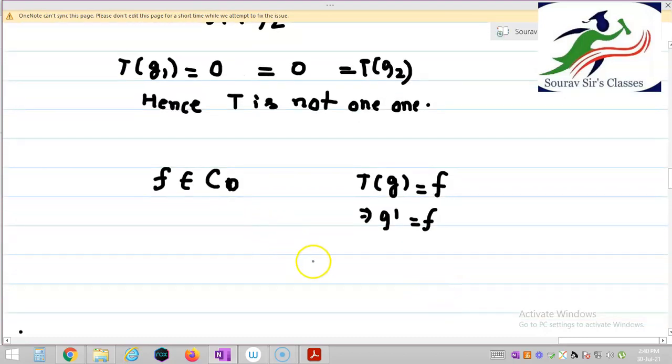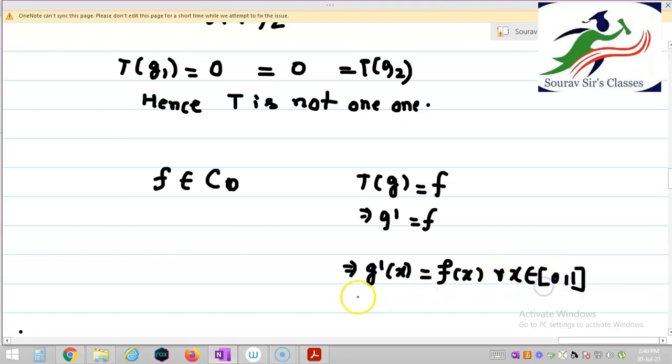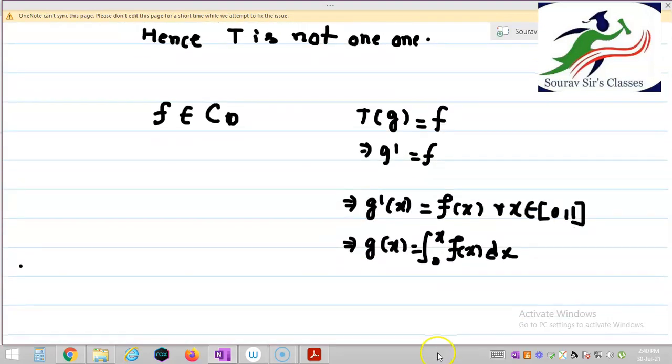So g dash of x is equal to f of x for all x belongs to 0 1. Now g of x is equal to the integration from 0 to x of f of x dx. Let me tell you a result, that g is an antiderivative of f on the closed 0 closed 1.